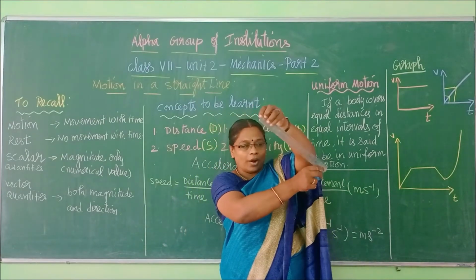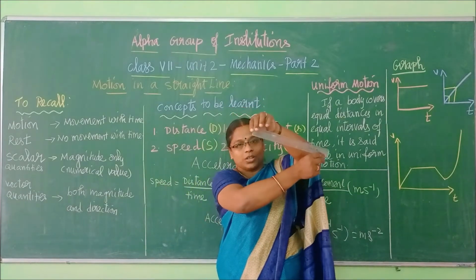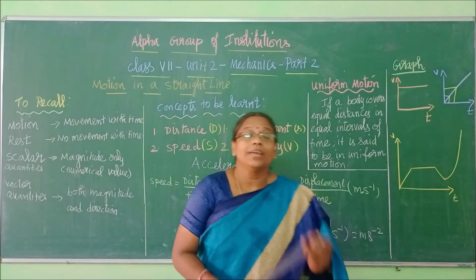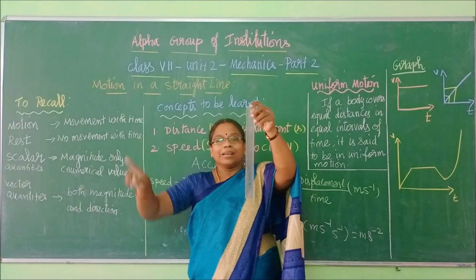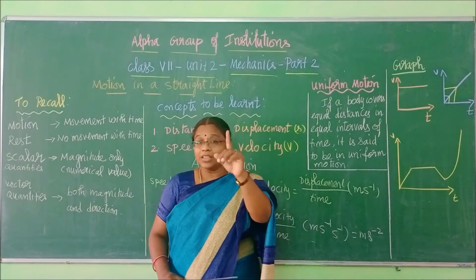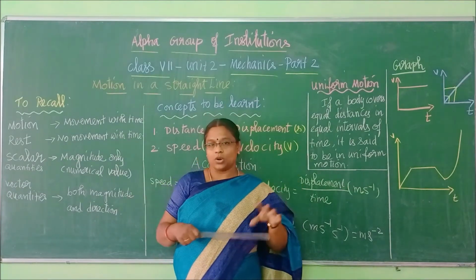From the starting point, going to the other side and coming back to the same point, that is 1 second. That means in 1 second, that pendulum moves from one point and comes back. So the time taken is 1 second. For every 1 second, it will travel that particular distance only.